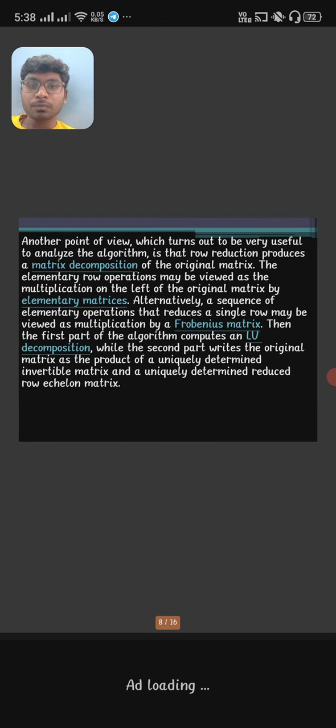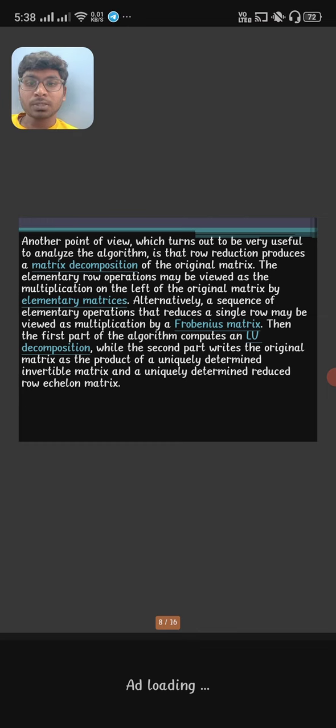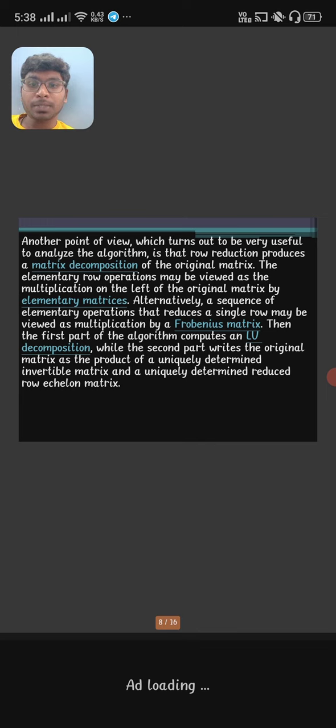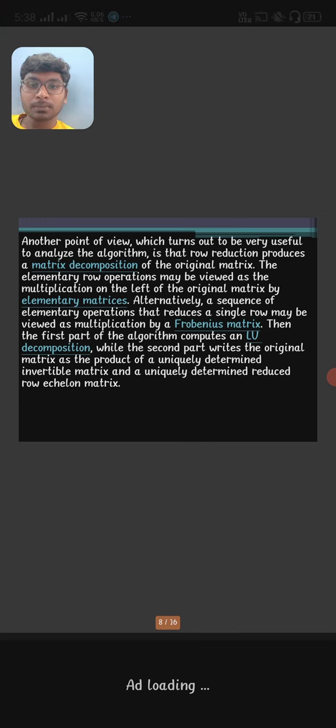Another point of view, which turns out to be very useful to analyze the algorithm, is that row reduction produces a matrix decomposition of the original matrix. The elementary row operations may be viewed as the multiplication on the left of the original matrix by elementary matrices.